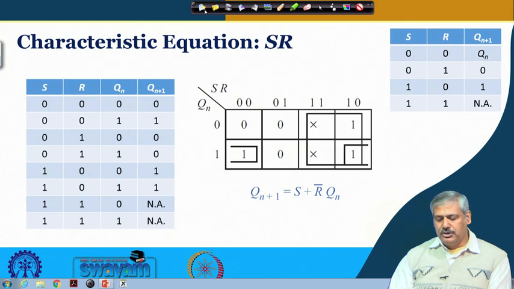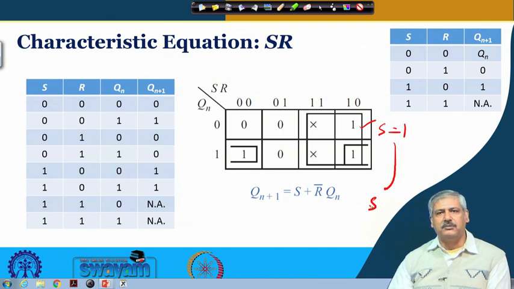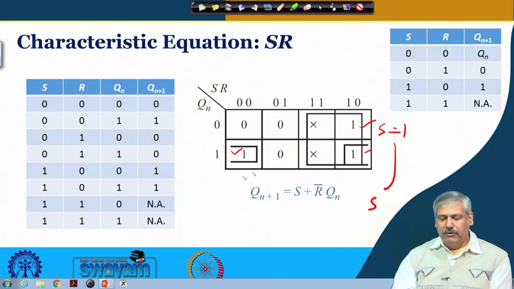For this case, the largest group of ones that can be covered is where these don't cares are included, and for that we see that S remains constant with a value of 1. So, S will come as one of the product terms; there is no other term being ANDed with it. This one is not covered, but together we can form a larger group of size 2, in which we can see that R is 0 here and R is 0 here.